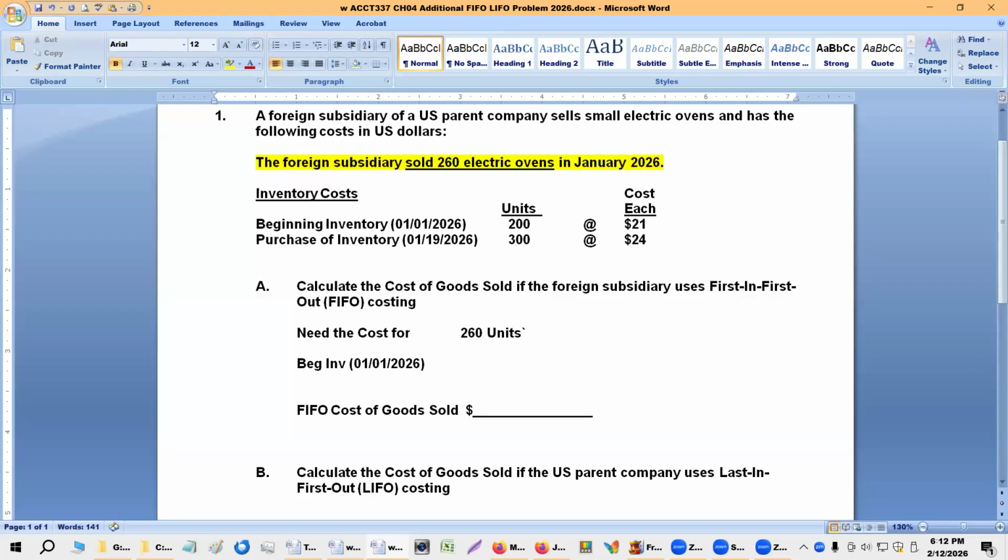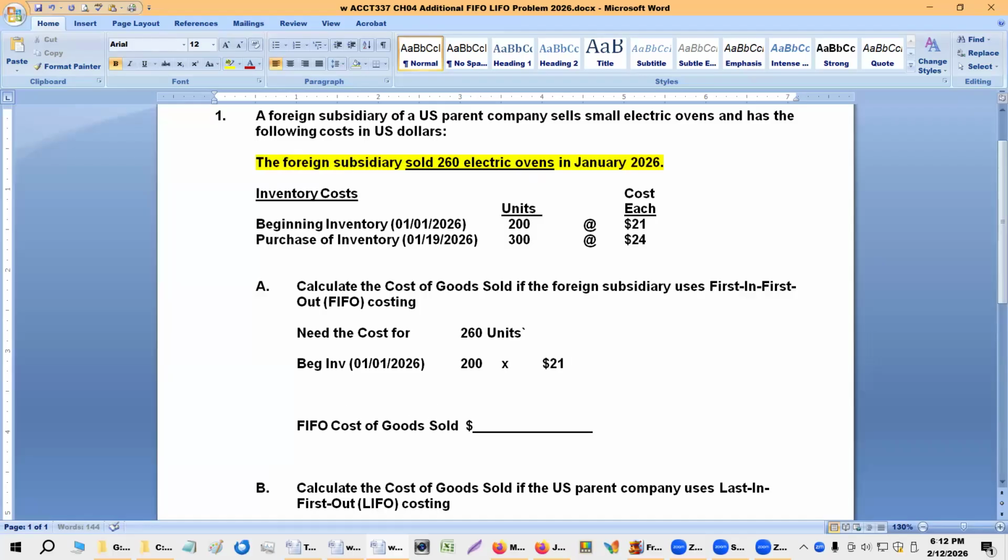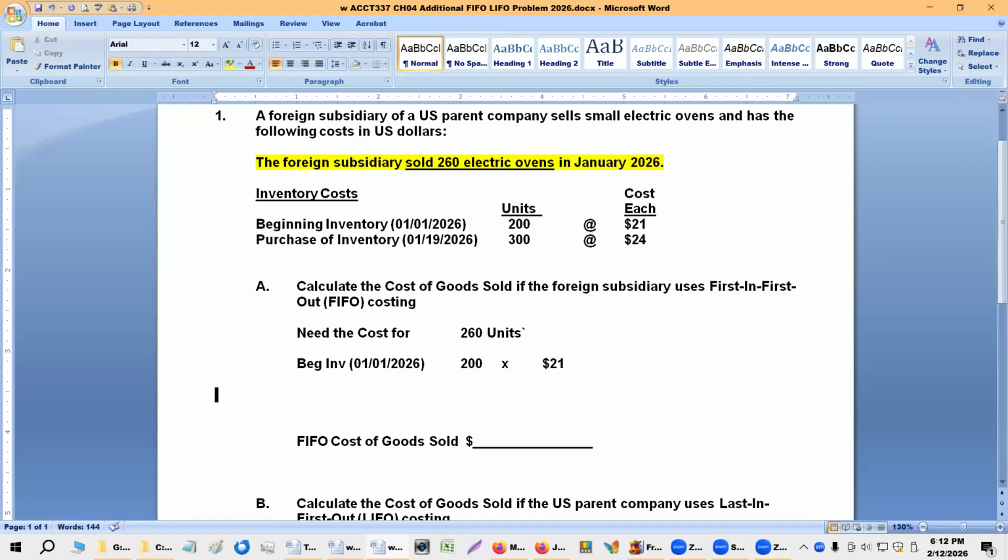We can't get all of them, but we can get 200. I'll do the multiplication in a second. We still need the cost for how many? 60 of them. Yep, still need the cost of 60.